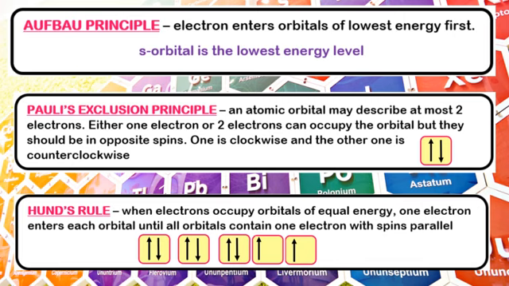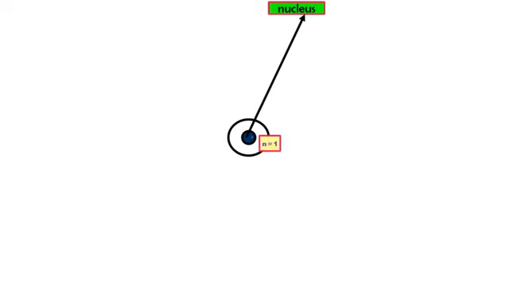Clear to you? I hope it is clear because we are going to apply these principles and rules in the succeeding lessons and exercises. So take a look at this and always bear in mind. The center of the atom is what we call the nucleus. Okay, take a look at this. And the first orbit is what we call the first energy level, which is represented by n equals 1.